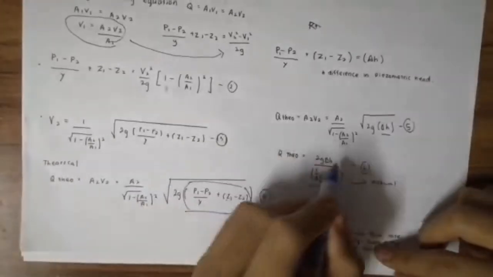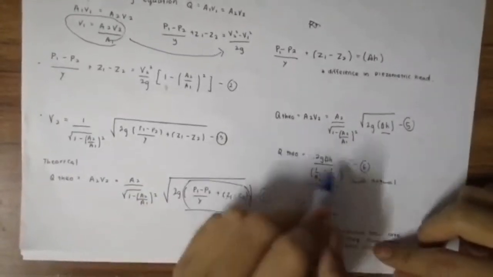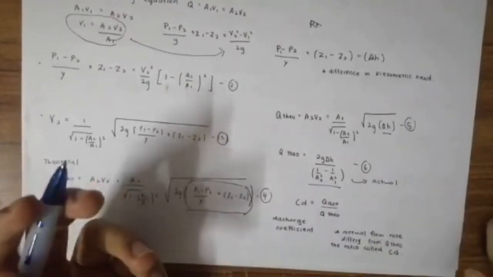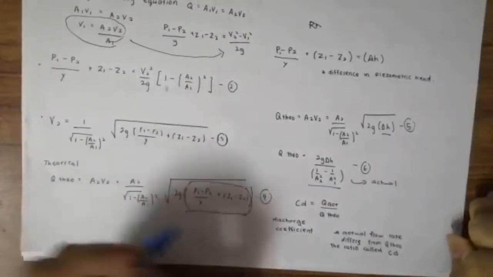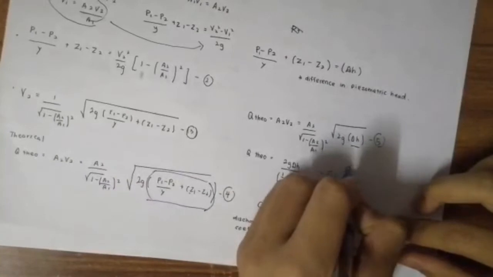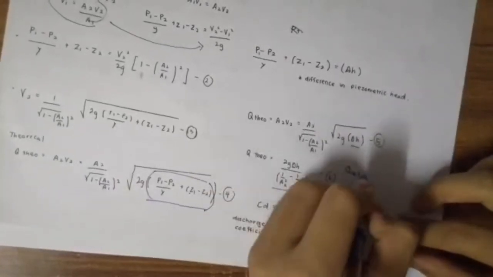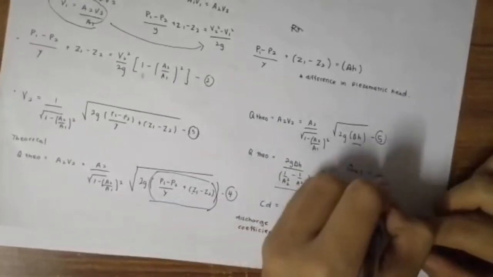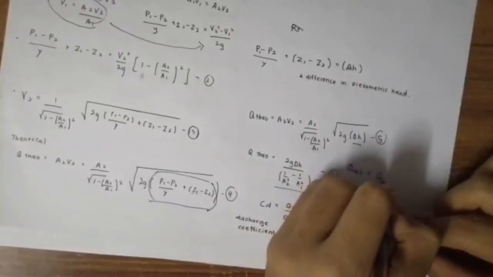As we all know, this is for the theoretical, and the actual flow rate, which is Q actual, differs from the theoretical flow rate.